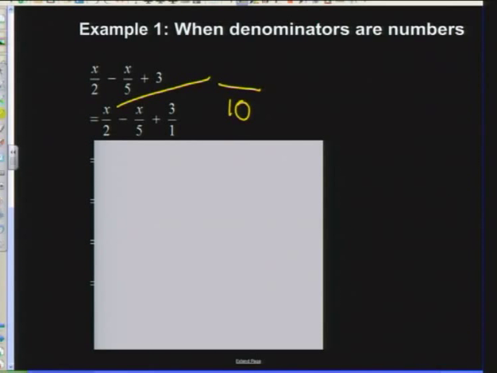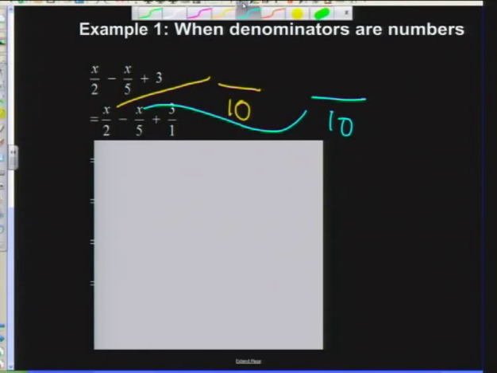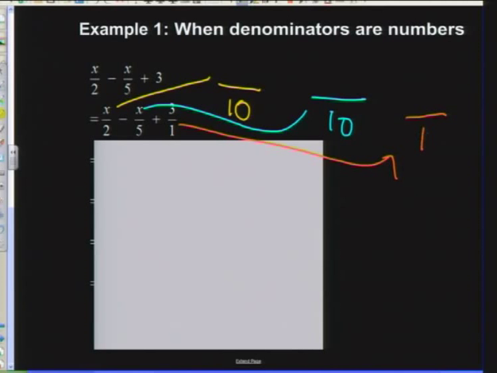We'd like to write the fifths as something over 10. And we'd like to write the whole as something over 10.